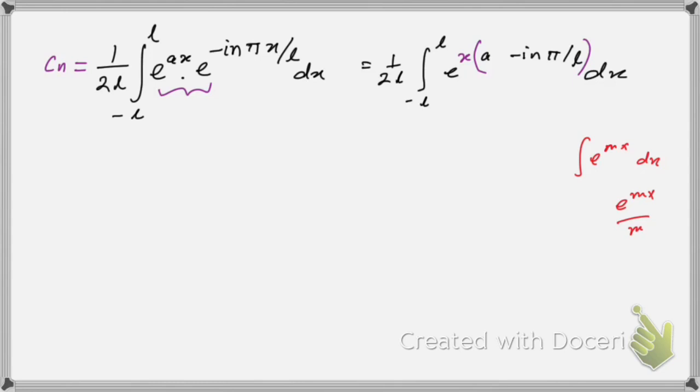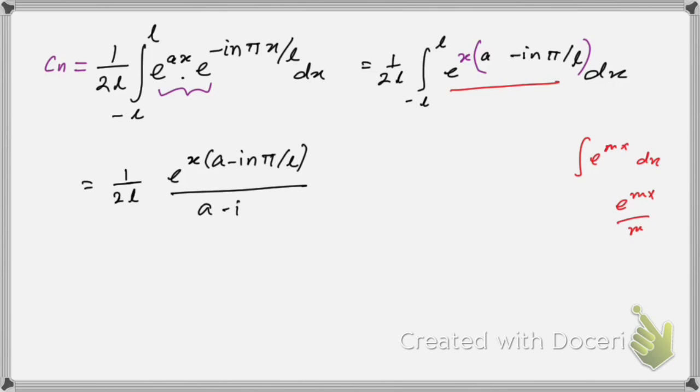If we apply that formula, then the integration of this term will be, let me write, 1 by twice L, e to the power x times a minus i n pi by L, divided by a minus i n pi by L. That's what we're going to get, and we're going to integrate it from minus L to +L.